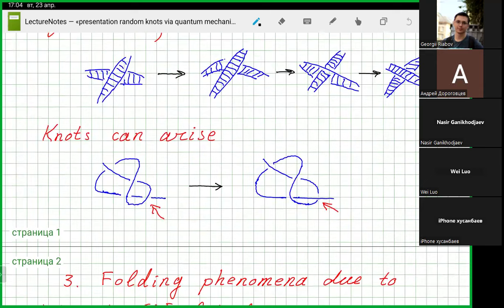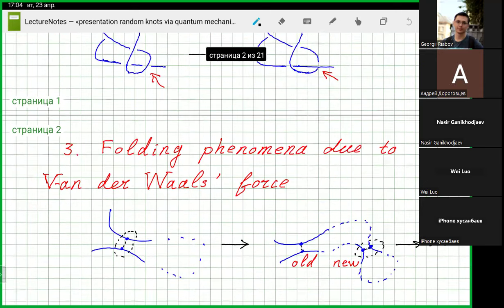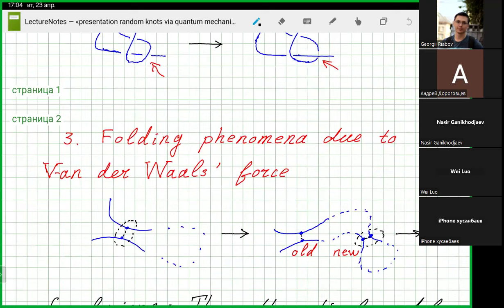And the last phenomenon, but a very important one, is the folding phenomenon, which arises due to van der Waals force.